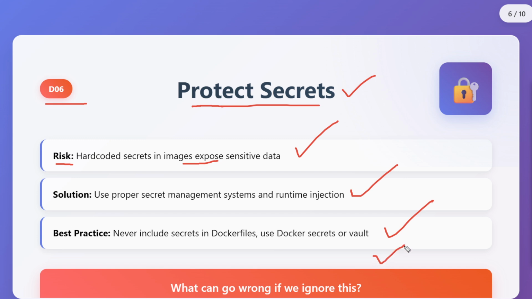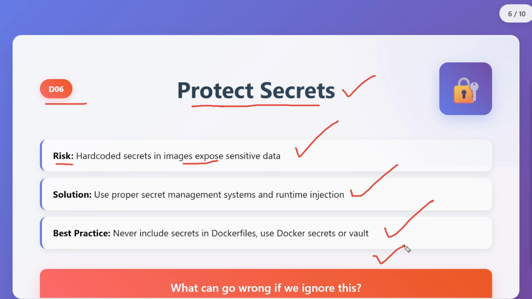And coming to what can go wrong if we ignore protecting secrets. Hard-coded secrets can be leaked through version control and image registries, especially image registries like Docker Hub or AWS ECR.